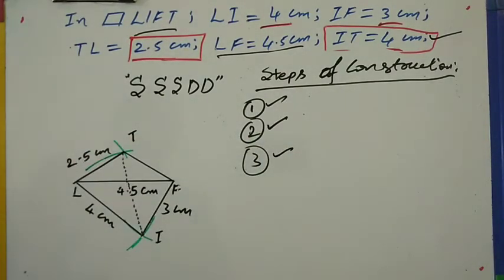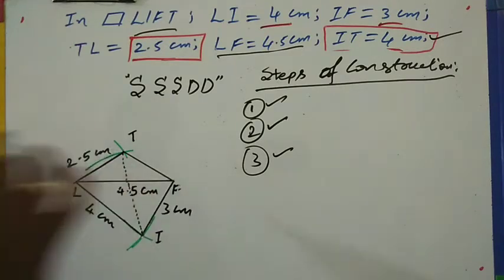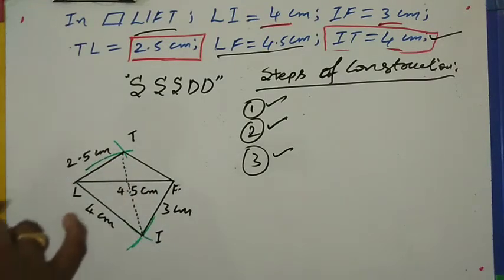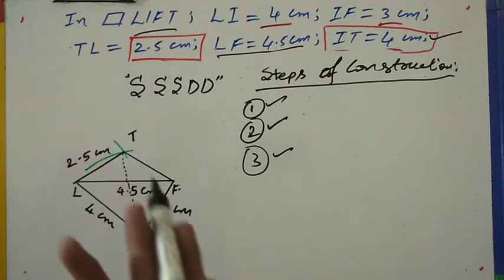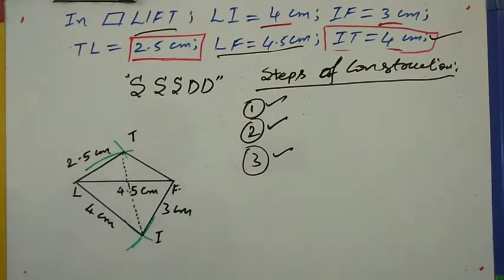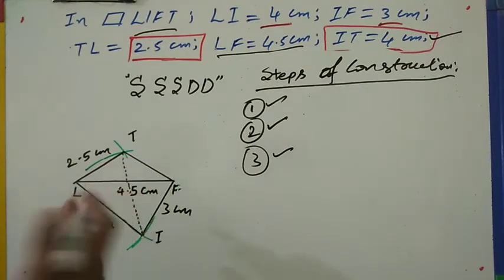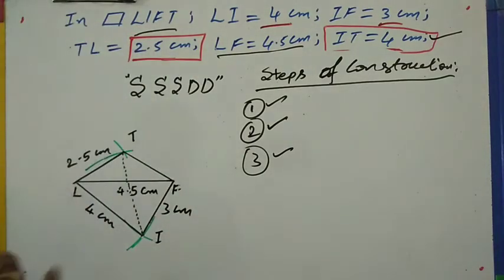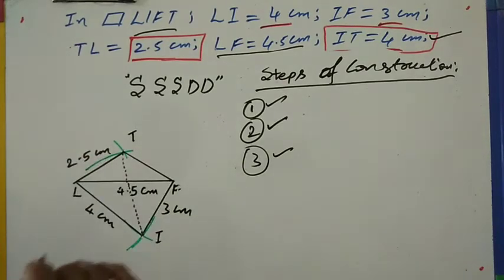In step number 4, taking LT side, 2.5 centimeter, as the radius of a compass, cut the earlier arc. Taking L as the center, with the metal end of the compass on L, cut the earlier arc.